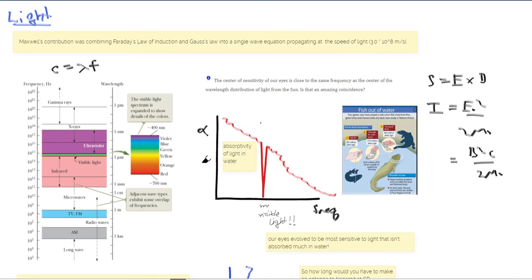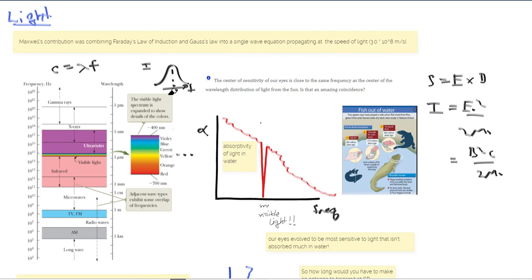And there are a couple of really interesting things about it. One is that if you look at this picture, it looks like the center is right around yellow, which is, if you were to look at an intensity distribution of light from the sun, where this vertical axis is intensity and this is frequency, centered right around yellow.